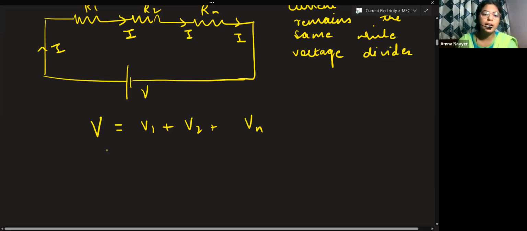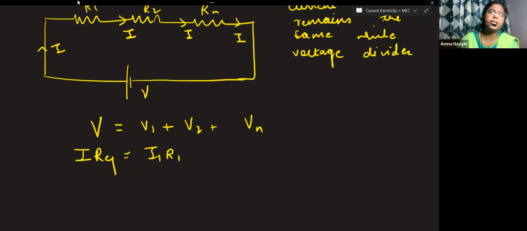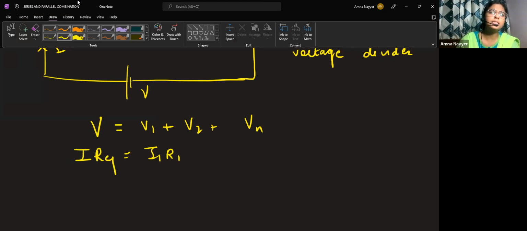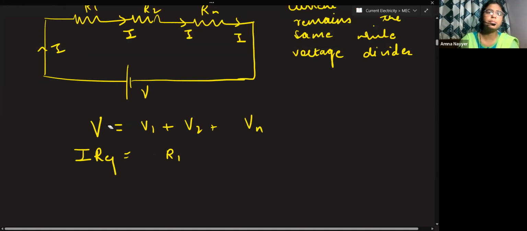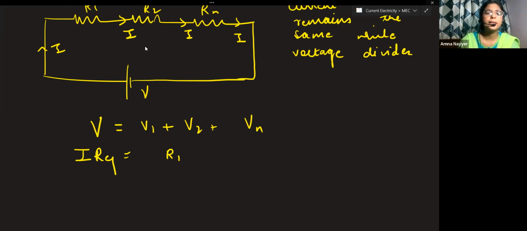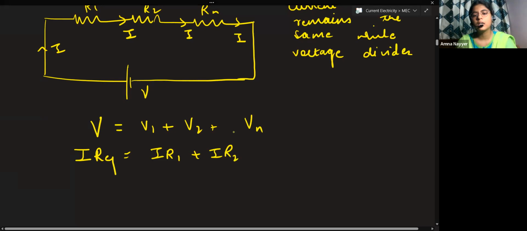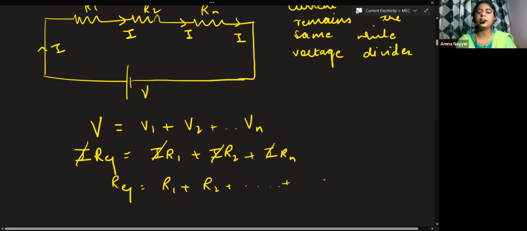So this will be R equivalent times I, and on the other side IR1 plus IR2 up till IRn, because the current in all the resistors is the same. So all the current gets cancelled. R equivalent is basically R1 plus R2 and keep on adding it till Rn. This is the formula for resistors in series.